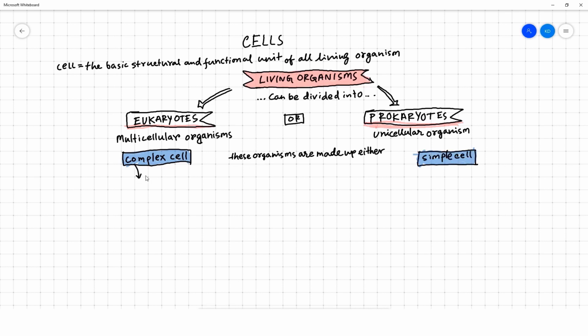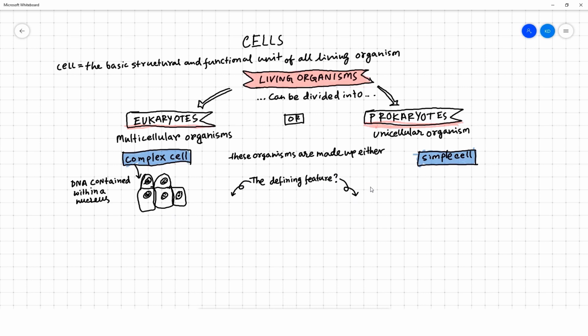In the complex cell, you can clearly see the cell wall and the DNA, deoxyribonucleic acid, contained within a nucleus. This round shape is the nucleus, which I will discuss.